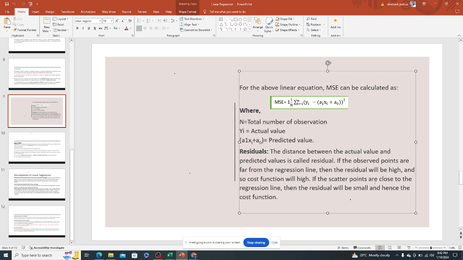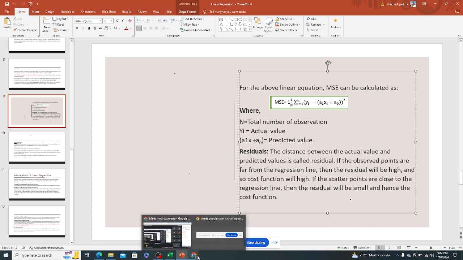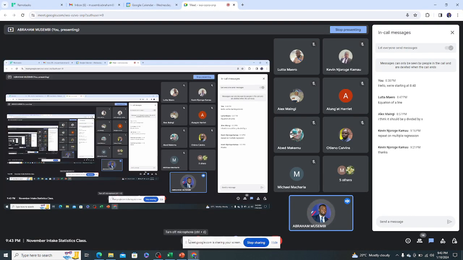So if the scatter points are close to the regression line, then the residual will be small. Hence, the cost function will as well be small, and our model will be more strong. All right, that's all on today's class. I do welcome questions.